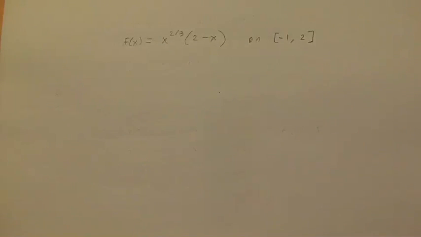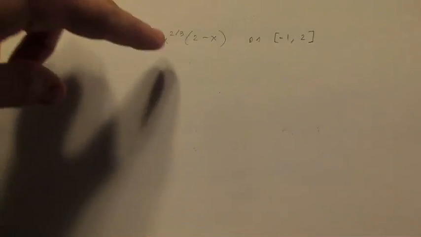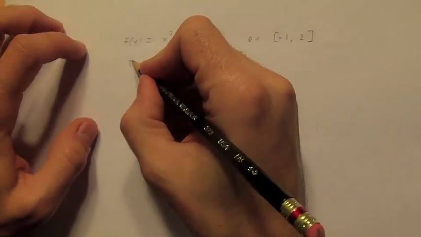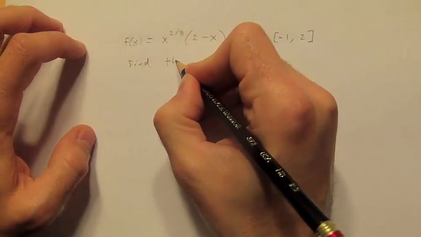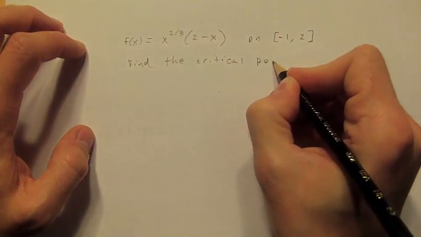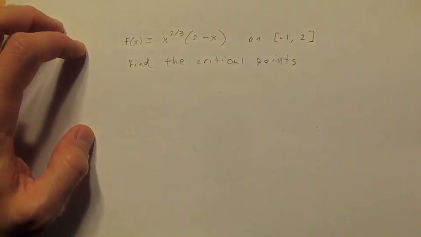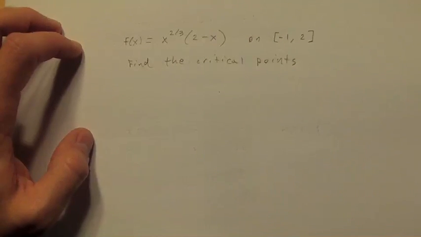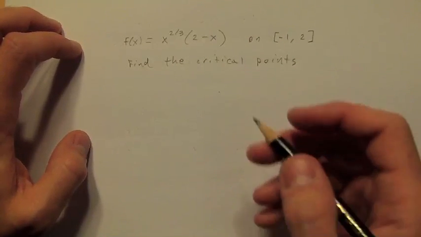Now, there are a couple ways we could do this. We could use the product rule, or we could distribute this across if we wanted, because first we need to find the critical points. It doesn't really matter which way you do this.